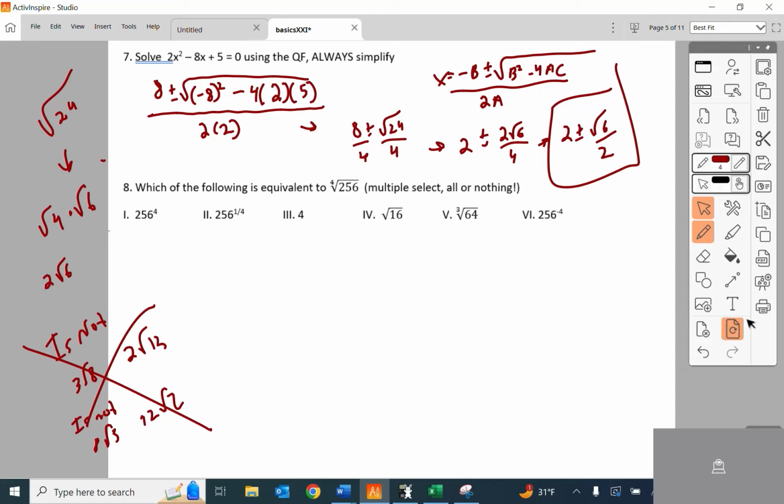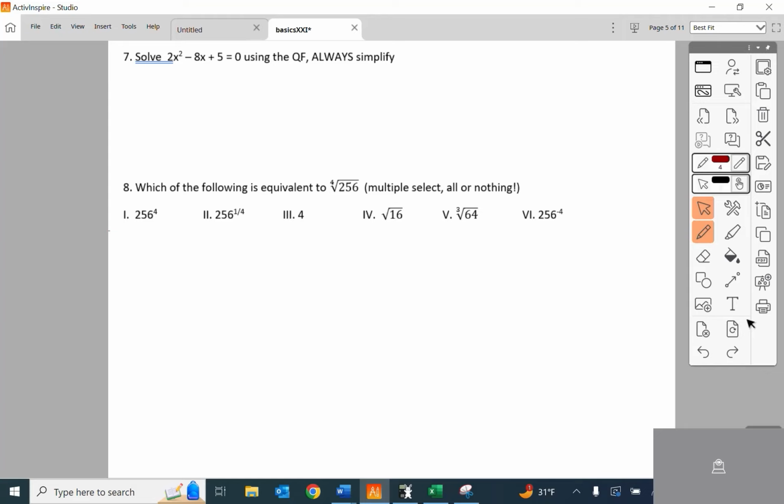Which of the following is equivalent to the 4th root of 256? In a perfect world, this is a non-calculator problem. It is. You're not supposed to, but you have one. Your correct answer choices are this one, this one, this one, that one. Why? Well, because this is literally how you push buttons. 256 to the 1/4 is 4.